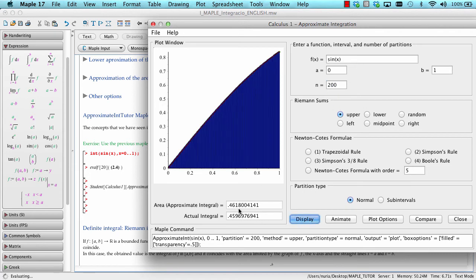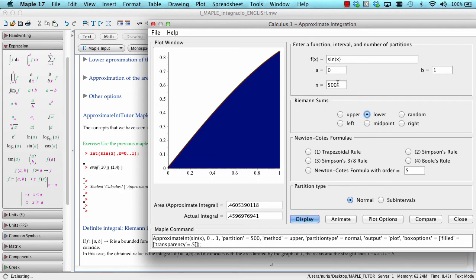So we now have 200 intervals, and the idea is that since in each interval we are taking the maximum, this value is going to approach always the area from above. Okay, so we can go for 300. Okay, don't put a lot of pressure on Maple. You can try with 500. Okay, so you can see that each time we are approaching the area from above.